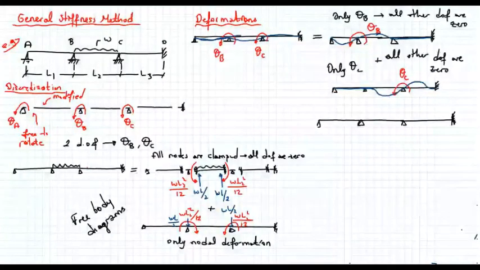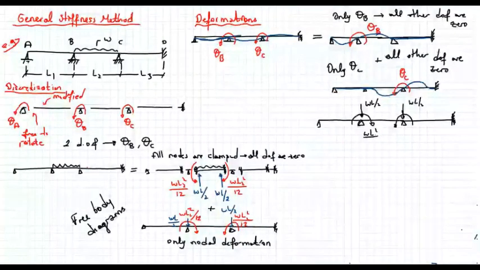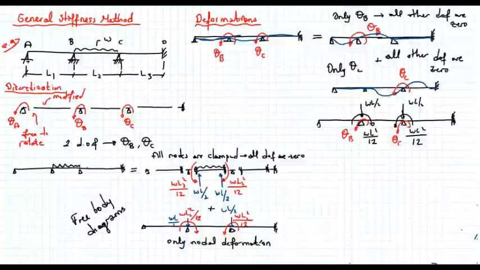This is the structure. So let's show the unbalanced forces. I have WL over 2, WL over 2, and the unbalanced moment is this way. The magnitudes are WL square over 12, WL square over 12. And due to those unbalanced forces, we expect to see a rotation at B and a rotation at C.